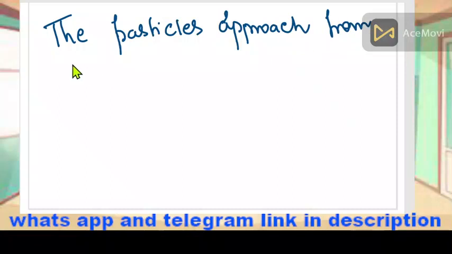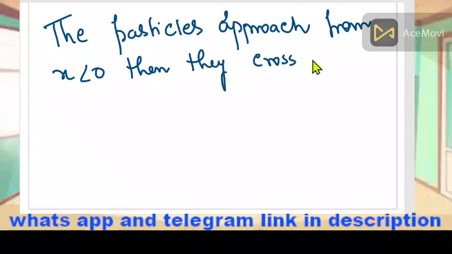So the picturization of the physical situation is that the particles approach from x less than 0, then they cross the point. Initially in the E less than V naught region, they were not able to cross the point. Now they crossed the point x equal to 0.